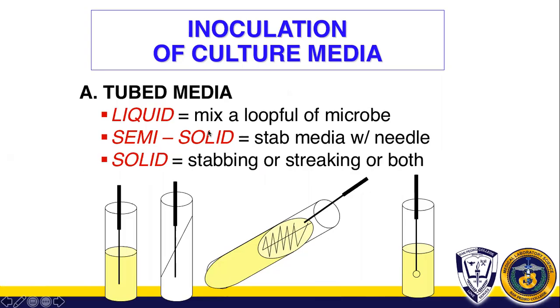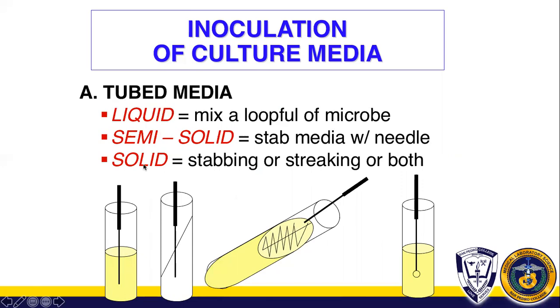Semi-solid, like SIM, is inoculated through stabbing. So we make use of wire needles instead of loops. We touch the wire needle to a colony, and then with that attached to the tip of the needle, we stab it directly onto the semi-solid media.